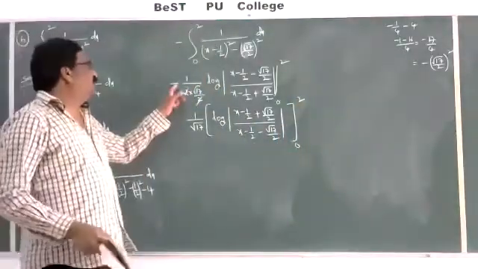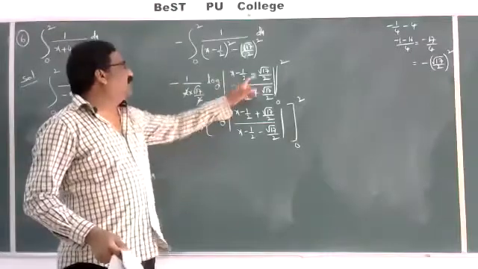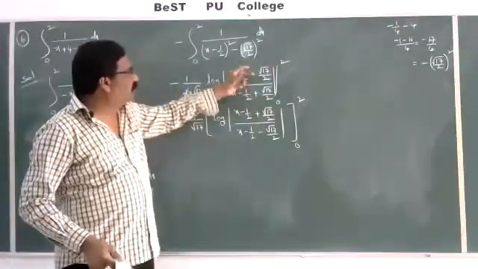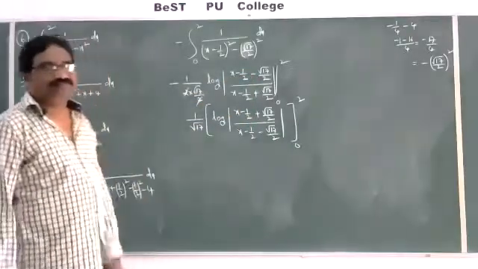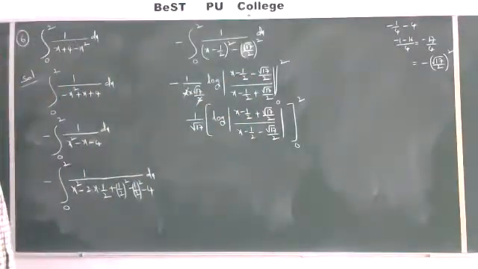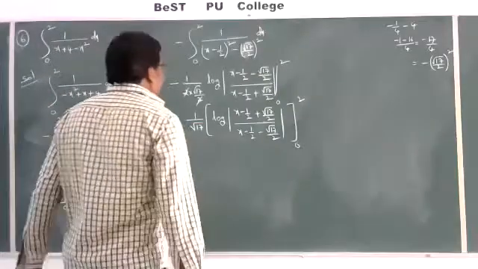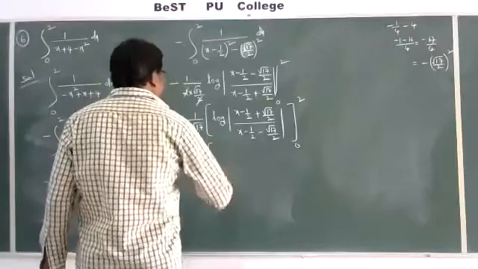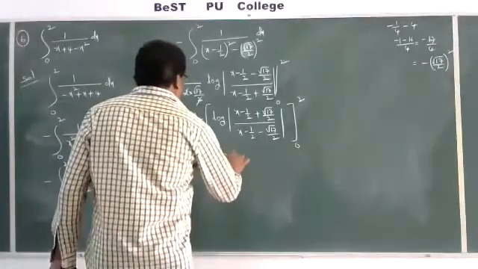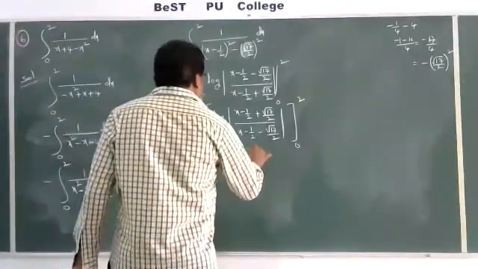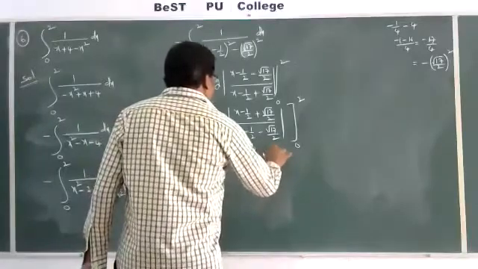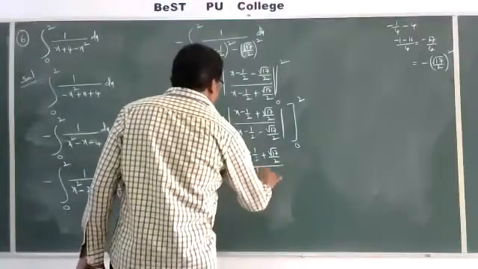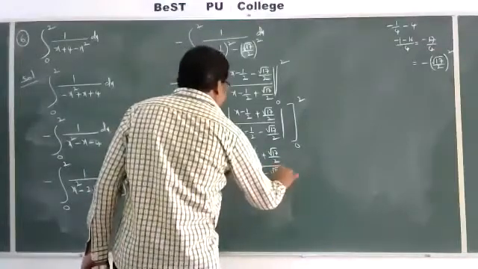So for this minus, logarithm of power minus 1. Power minus 1 means reciprocal of this fraction. Then substitute the upper limit minus lower limit. 1 by root 17 you write outside. Upper limit first: logarithm of mod 2 minus 1 by 2 plus root 17 by 2 by 2 minus 1 by 2 minus root 17 by 2.